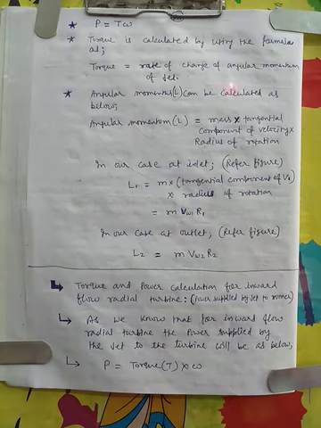The average torque we can calculate by the concept of physics. Torque will be the rate of change of angular momentum of the jet, and angular momentum is equal to mass into tangential component of velocity into radius of rotation.